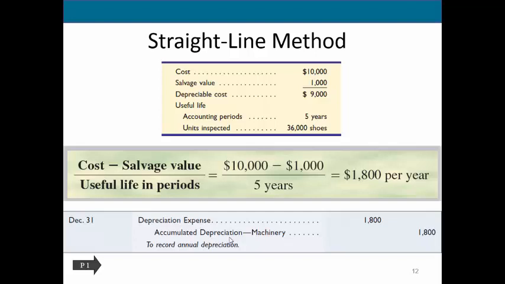When we show our balance sheet, we will show that the original cost of this asset was $10,000, but after year 1, we have $1,800 of accumulated depreciation. This accumulated depreciation will add up over the next 5 years until at the end of the 5th year, we will have $9,000 of accumulated depreciation in that contra asset account.